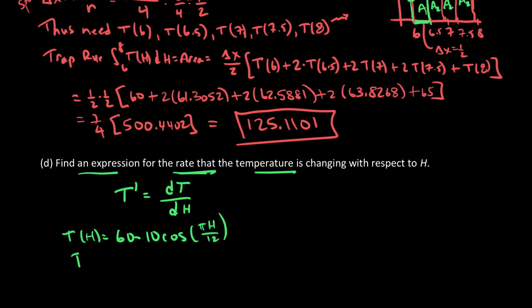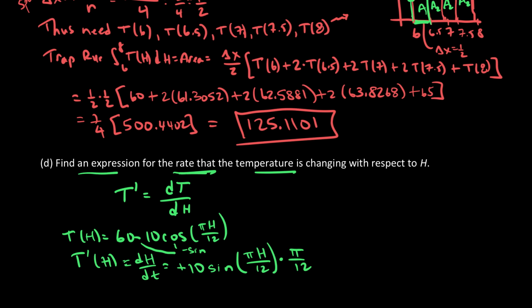Now, taking this T prime of h, which is my dT dh, the 60 goes away because that's a constant. Over here, the derivative of cosine is negative sine, but then I have this negative out there, so I'll get positive 10 sine of pi h over 12. And then I need to chain rule this, so this will give me pi over 12 as the chain rule part.